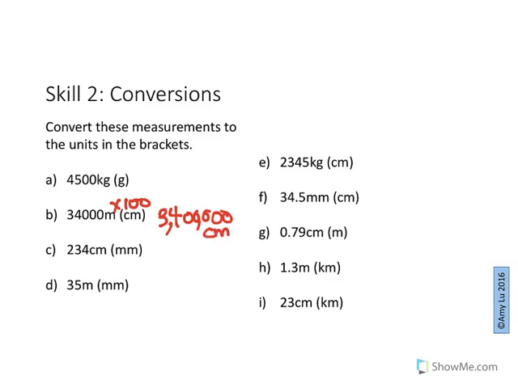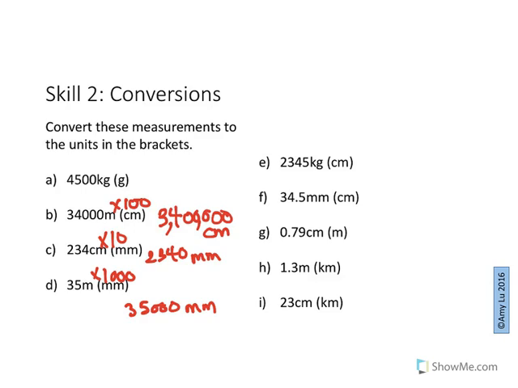We are converting 234 centimeters into millimeters. So that means we have to multiply by 10. So that makes 2,340 millimeters. We are converting 35 meters into millimeters. So we know we have to multiply this by 1,000, which is 35,000 millimeters.